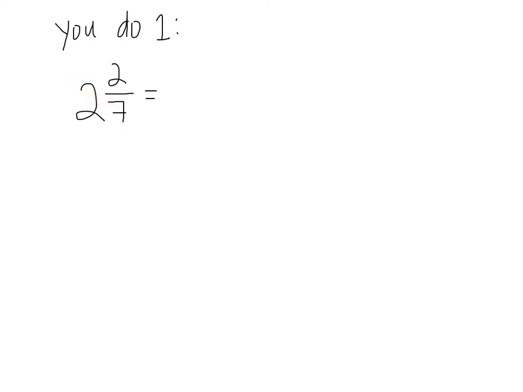We did multiply 2 times 7, which is 14. Then we add to that 2 more, that makes 16. And we bring it over here, that's our new numerator. Our denominator was a 7 and it stays a 7. 16/7 is the same as 2 and 2/7. So that's how you change mixed number to improper.